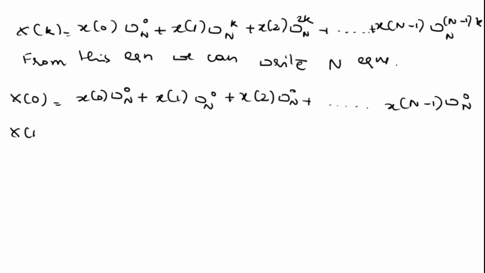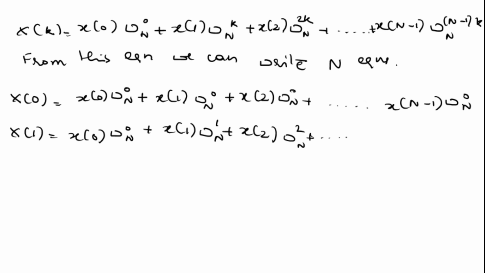Similarly, we can write X(1) is equal to x(0) into omega N of 0 plus x(1) into, now changing the value of k to 1, omega N of 1, plus x(2) into omega N of 2 plus so on, up to x(N minus 1) into omega N of N minus 1. So we can write N number of equations.